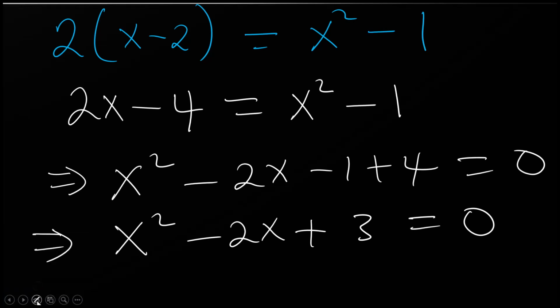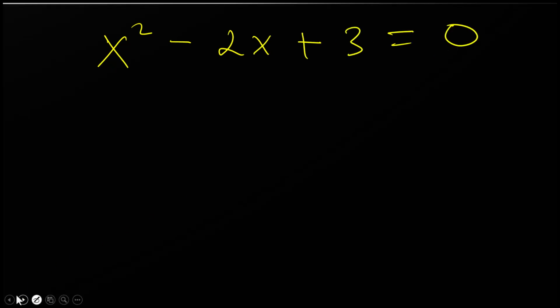Okay, so to complete the square of x squared minus 2x plus 3 equals 0, let's make sure the coefficient of x squared is 1. And it's 1 already, so we are free to go.